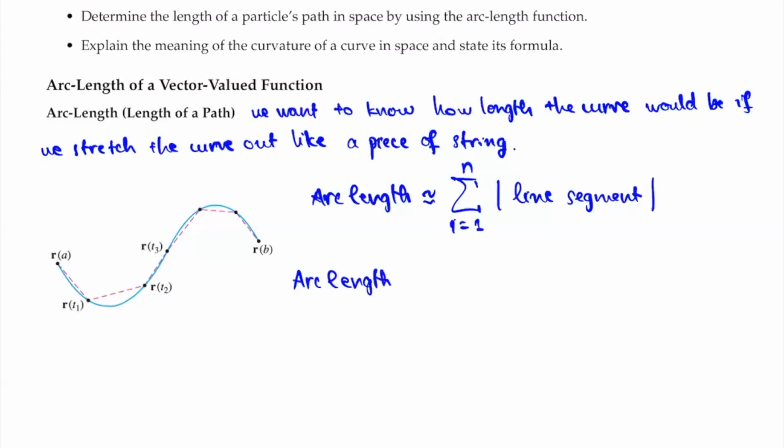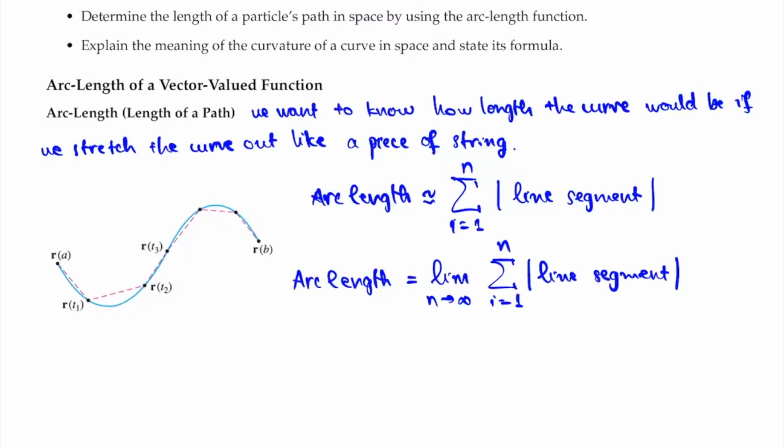So for the arc length, instead of the approximation notation, I have the equal sign, equal to the limit of the summations of the distances of the line segments, for i going from 1 to n, as n goes to infinity.